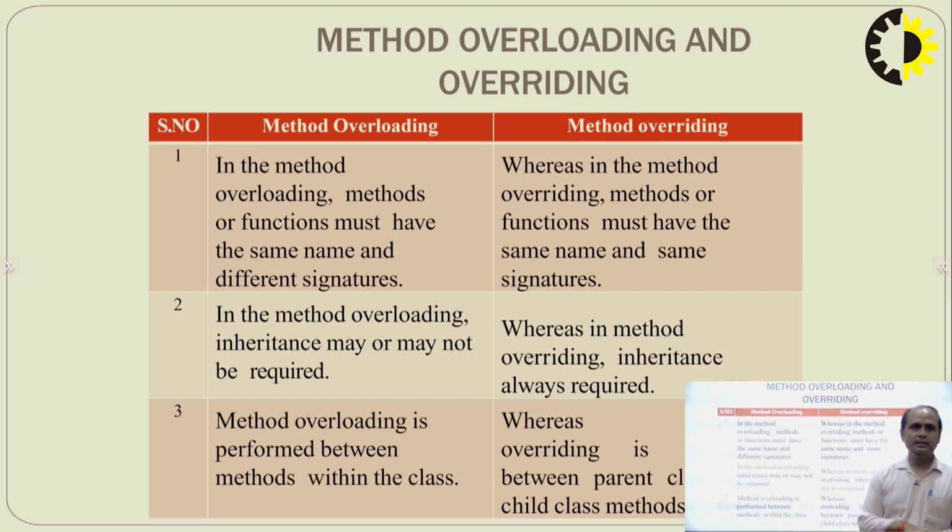But in method overriding, inheritance must be used, because if we do not use the parent and child class, we cannot override the method. Method overloading is performed between two methods within the class, whereas method overriding is done between the parent class and child class.